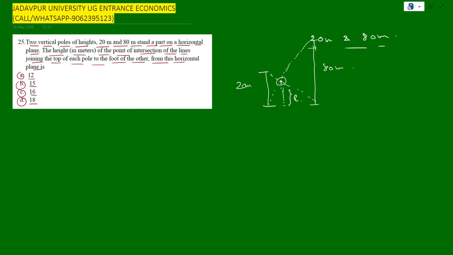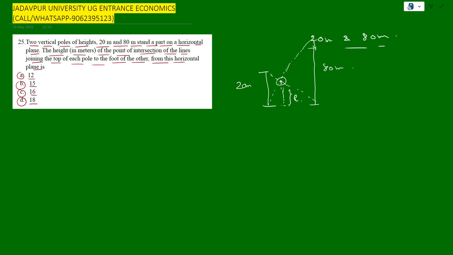Now if I ask which pole is taller, 80 meters, correct? So naturally, the intersection point should be below 20? No. Above 80? Absolutely not. It must lie somewhere in between. Right? Now, here comes the magic.